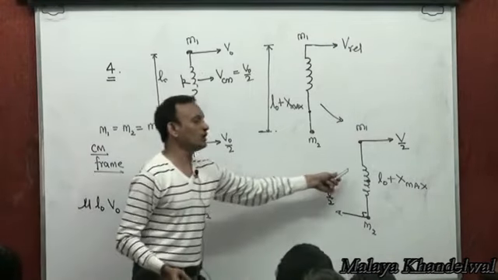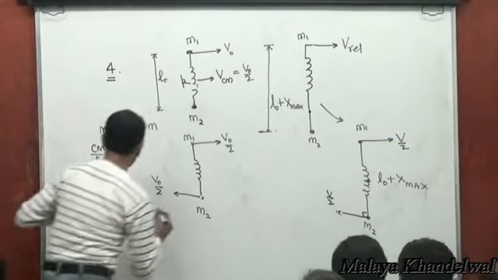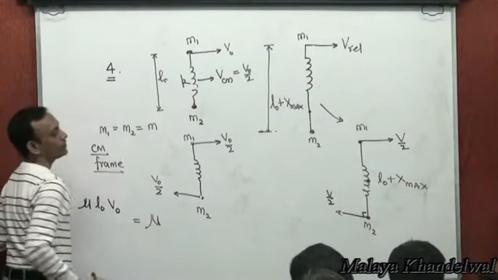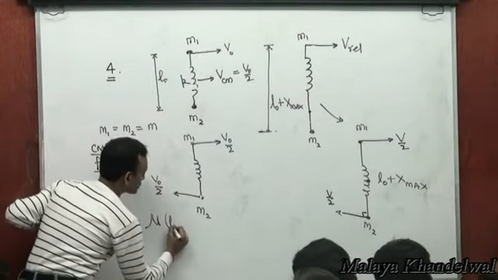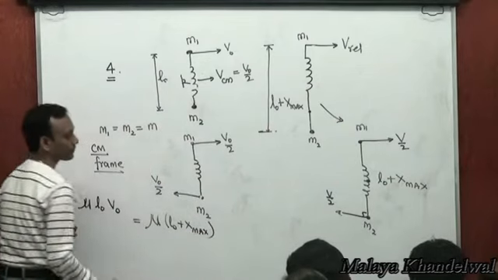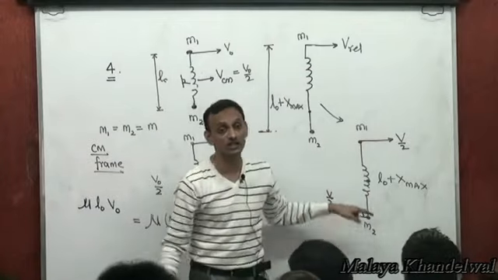Finally, the angular momentum in the center of mass frame about the center of mass is mu into L naught plus x max into v, right? Relative velocity of this with respect to this is v.